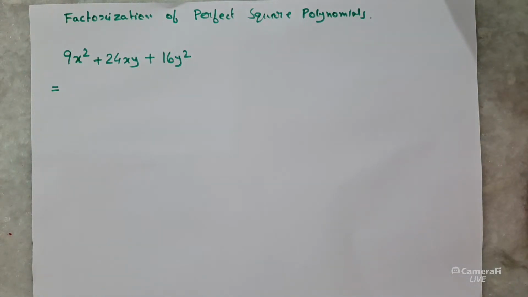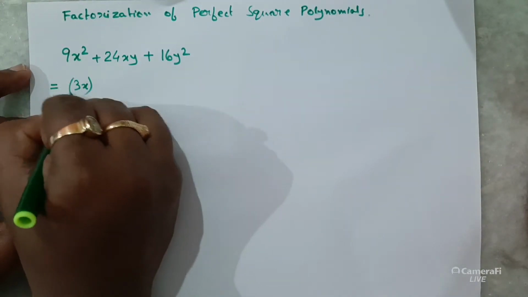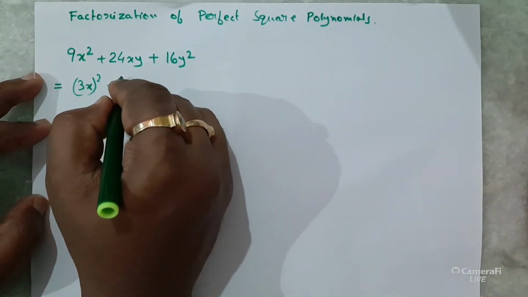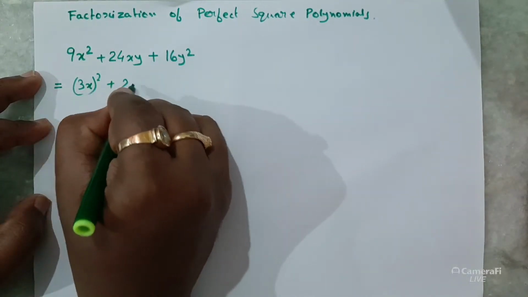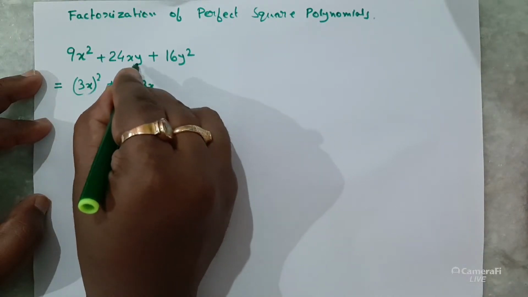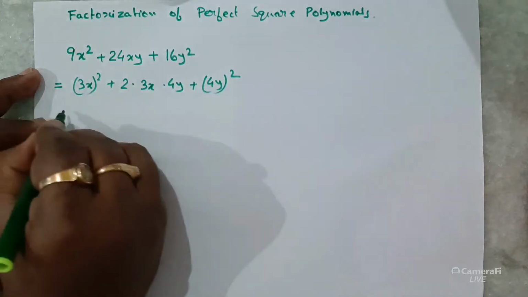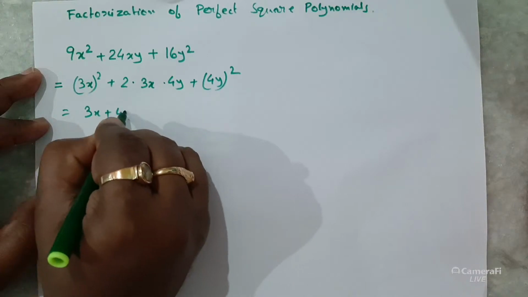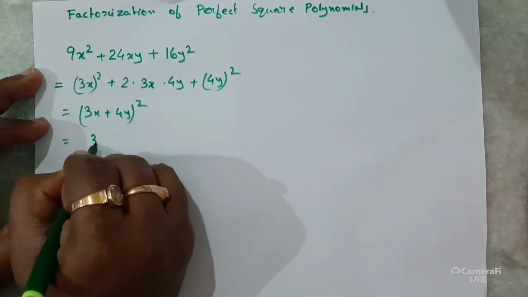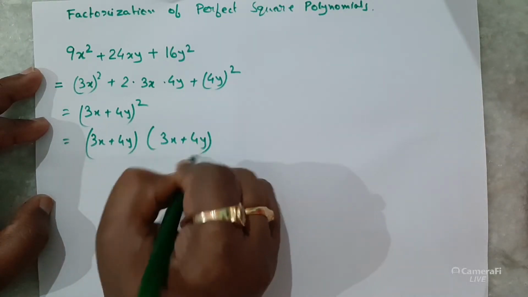Since the term says perfect square, that means this will be a perfect square. Now we have to find out what the perfect square is. So it will be 3x whole square plus 2 into 3x, 2 into 3 means 6x, into 4y, plus 4y whole square. So it is 3x plus 4y whole square, equal to 3x plus 4y into 3x plus 4y.